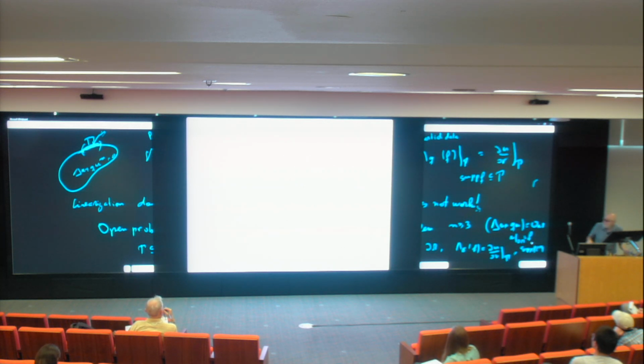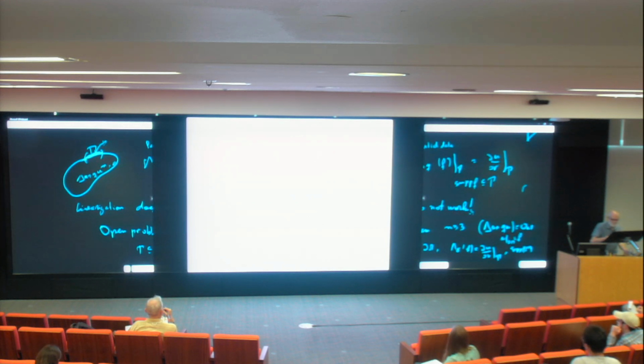Then it's not known that you can recover Q. So the partial data problem has not been solved for the Calderon's problem or for the potential problem in dimension 3 or larger. Dimension 2 has been solved.